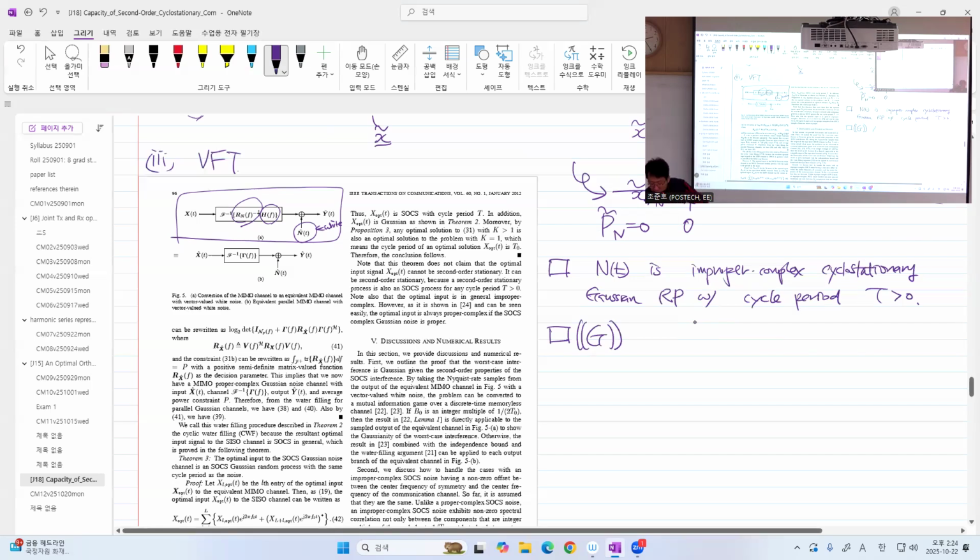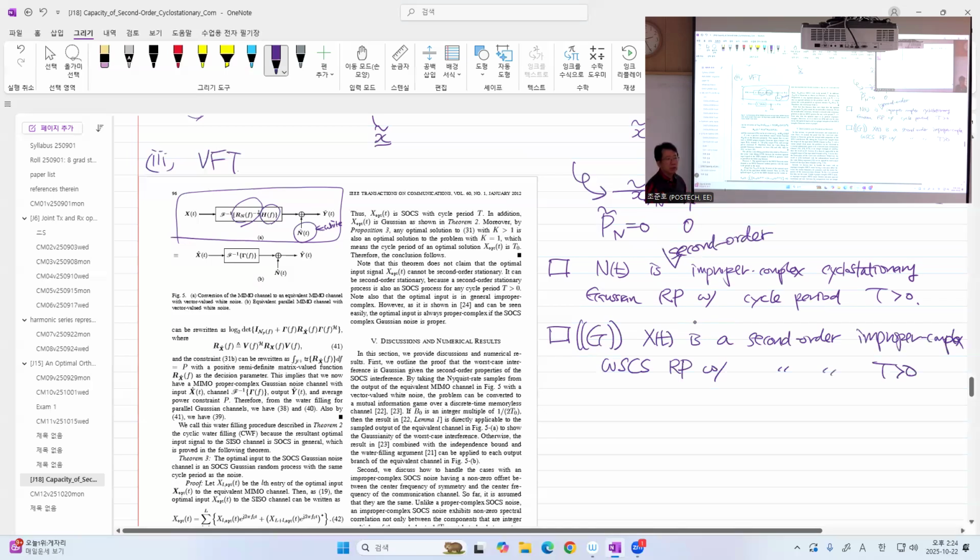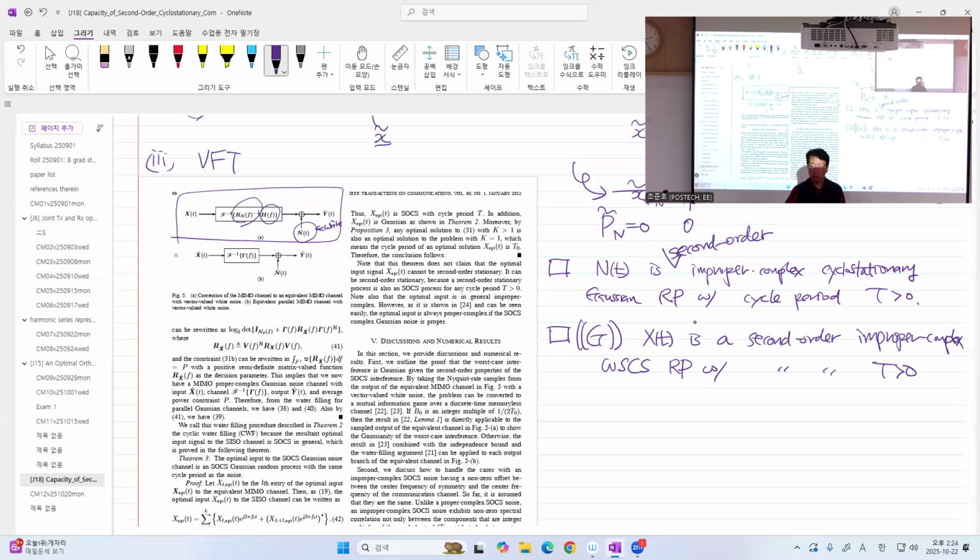Let's consider x of t is a second order, meaning finite power, improper complex, wide-sense cyclostationary random process with cycle period T. Actually, in this paper, we also assume the finite power of the noise. The only difference is that let's consider a general random process, not restricted to Gaussian.